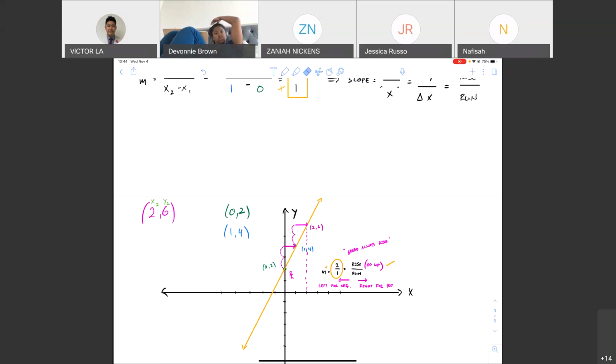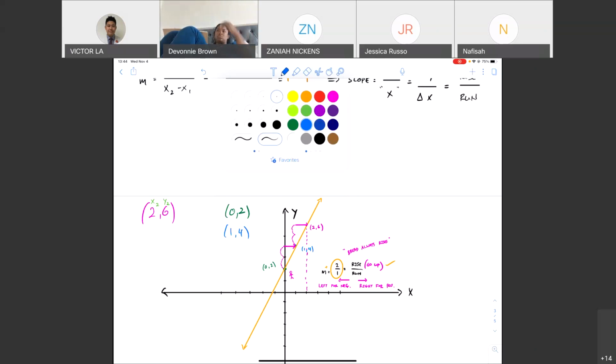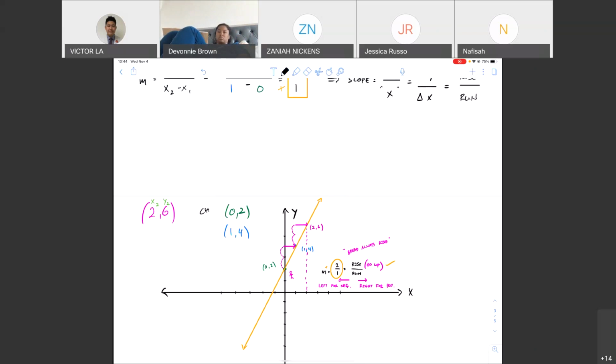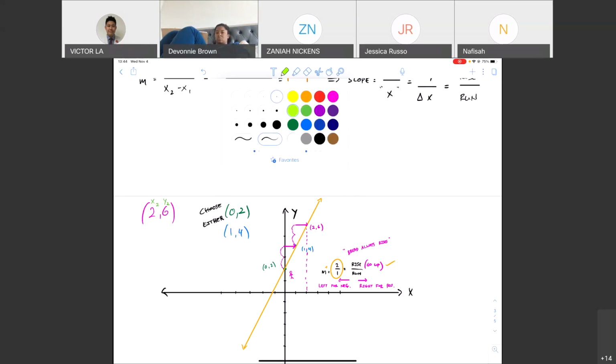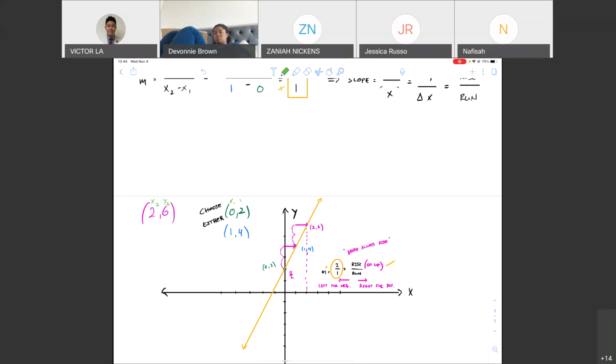It doesn't matter which one you choose as your x1, y1, right? You can have a choice. So choose either. Not both, though. Choose either and make them your new x1, y1. If you do the math, and I'll do it really quick right here on the side, you're going to see you're going to get the same answer.